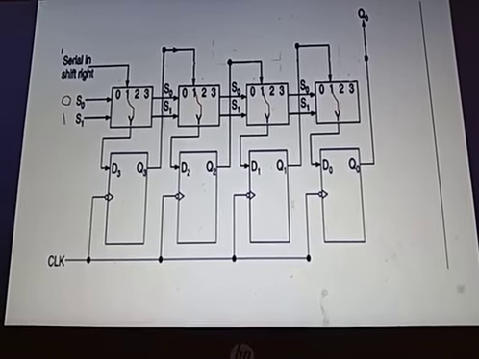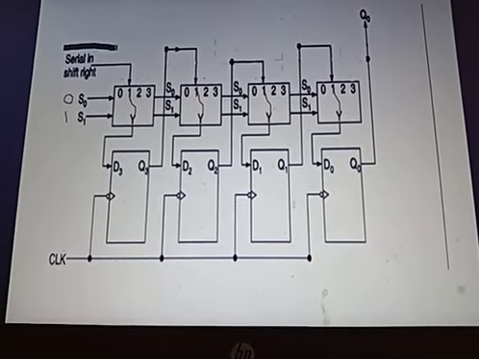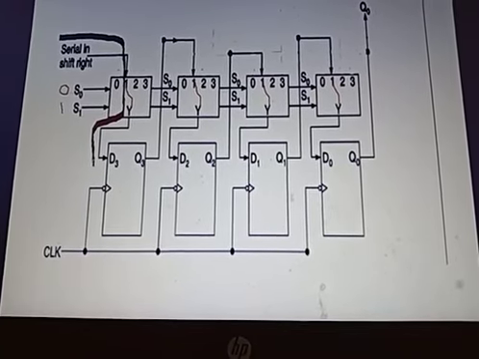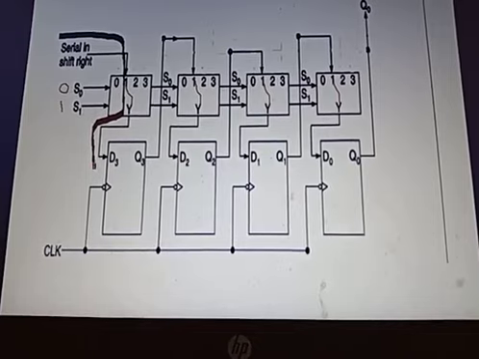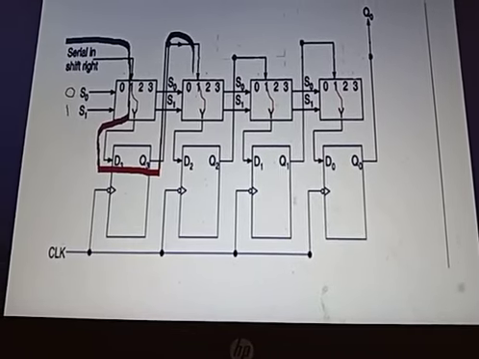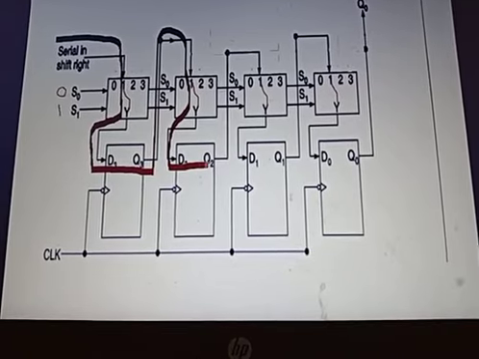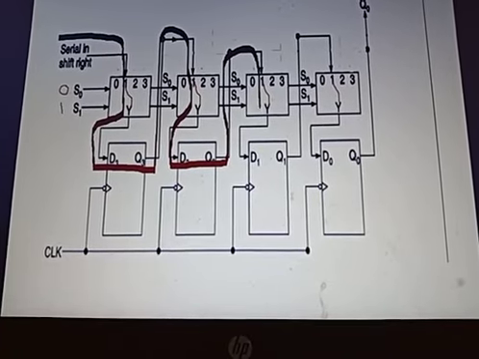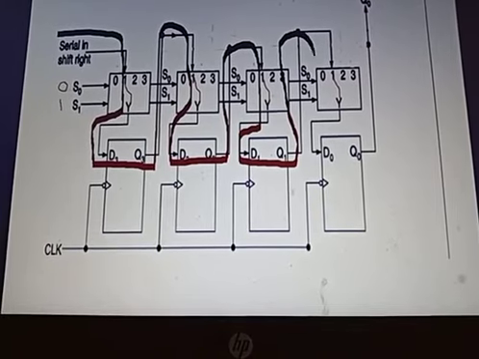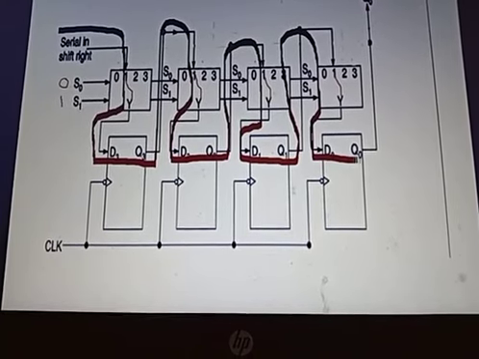The input starts flowing from here, it goes here, and it goes here, correct? And when it comes to D3, you know what D does? It actually passes the output here. This output comes over here again, it goes to D2. From Q2 it comes over here to D1, it goes to Q1, comes over here to D0 and Q0.